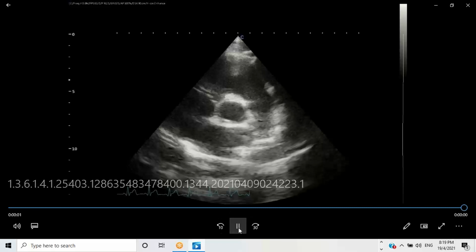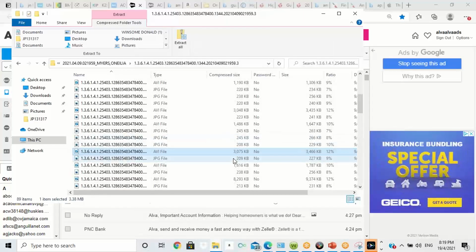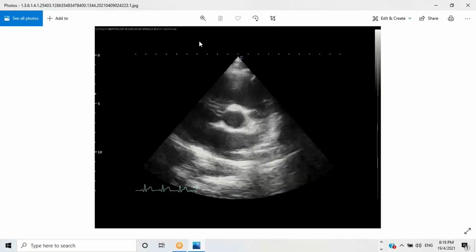So you need to know the structures that you're looking at. It's very important. So they tend to do a lot of still images.